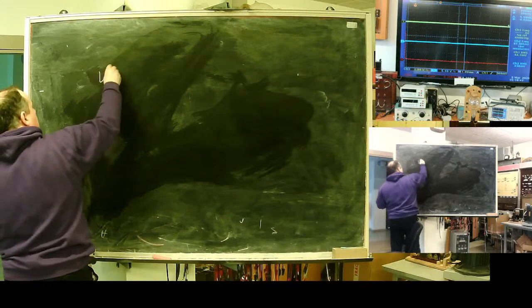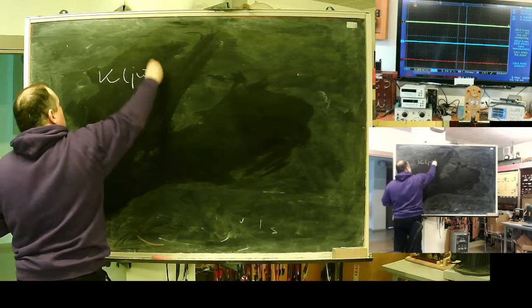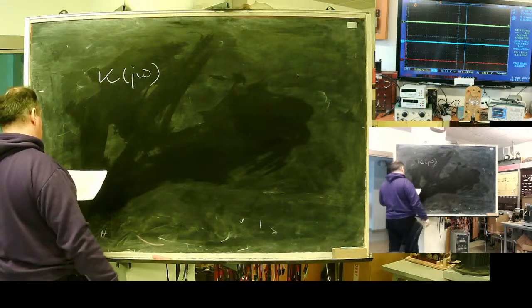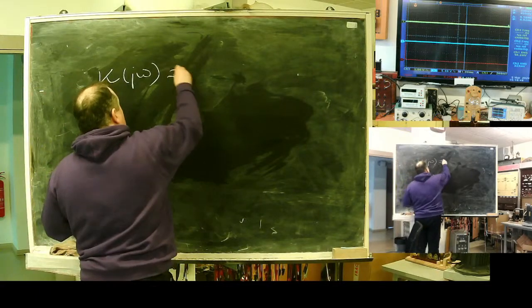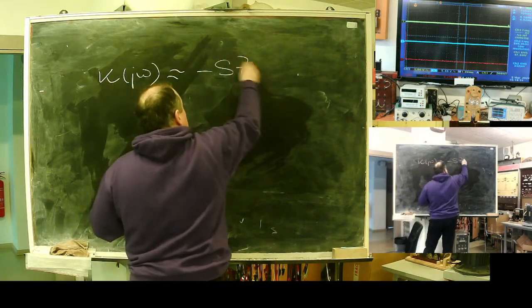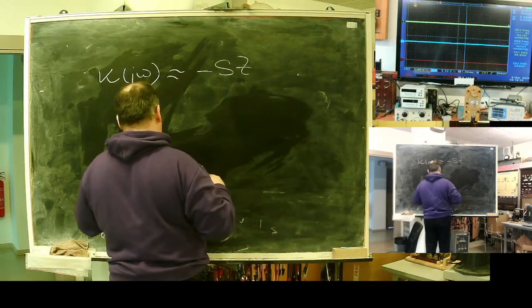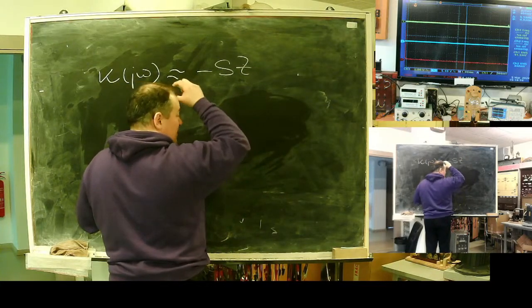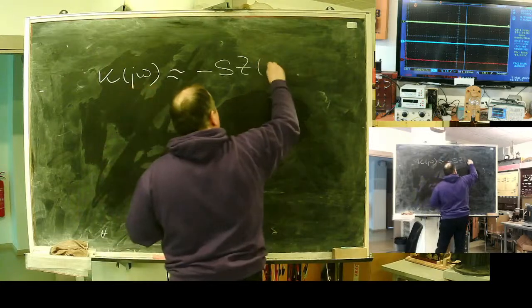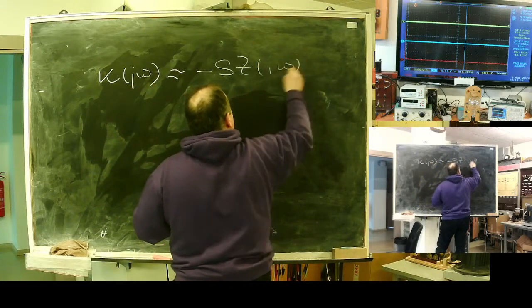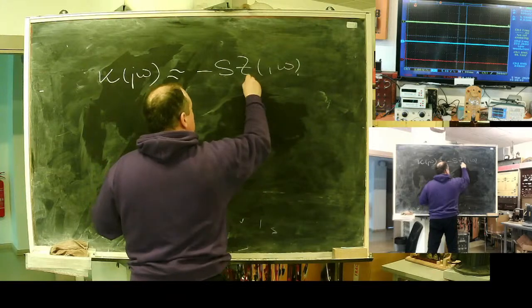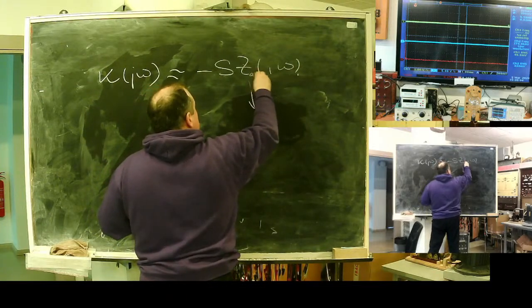Here I can approximate, write this direct transfer as minus Z of this anode contact. This one, what's this? Let's say AB.